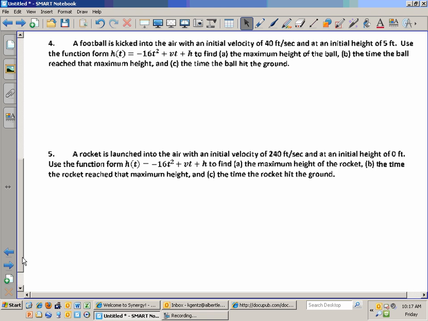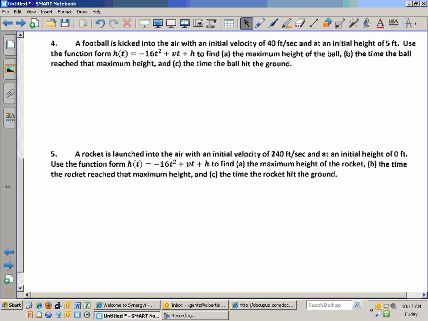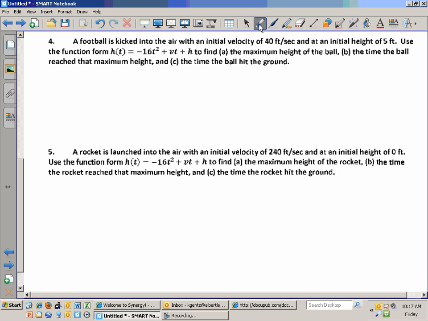So first I need a function. I need to write an equation. h of t, equals what? What goes first? -16 t squared. What do I put in place of v? 40.